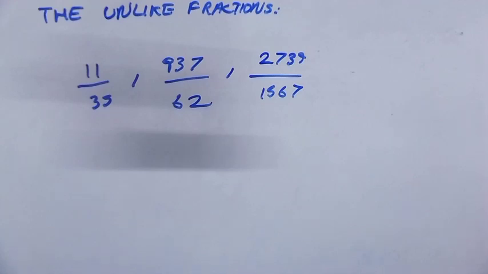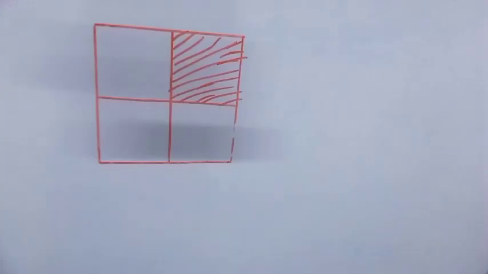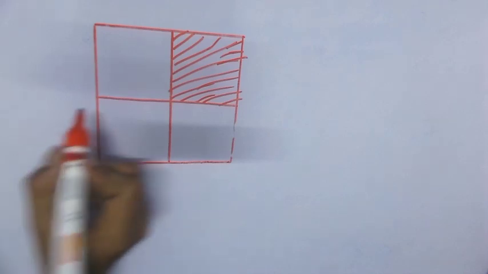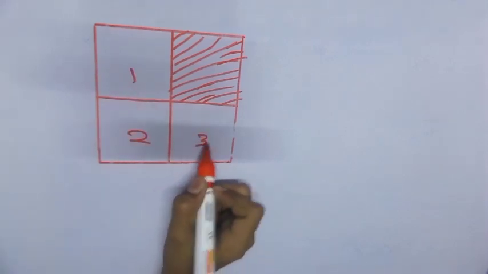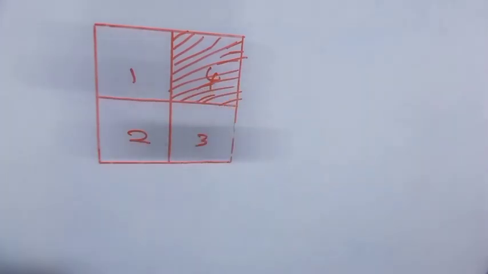Let's move on to addition of fractions. As you can see, I have drawn a square on the board and I have divided it into 4 equal parts. This will be part 1, this will be part 2, this will be part 3, this will be part 4.